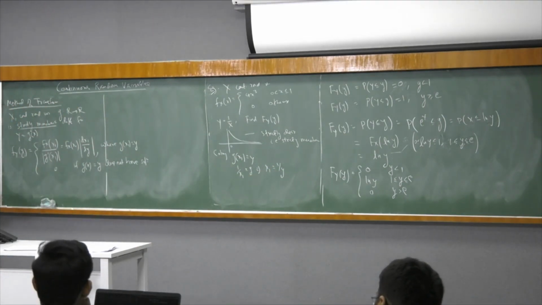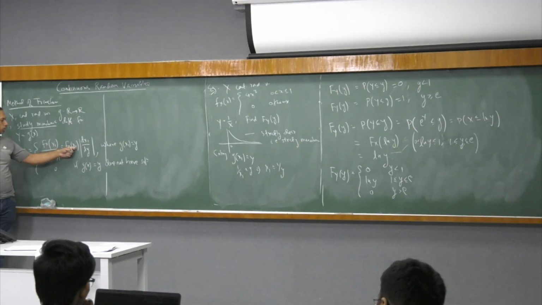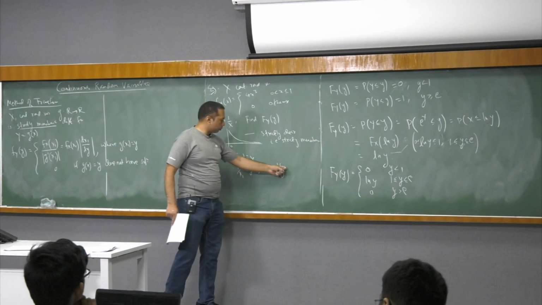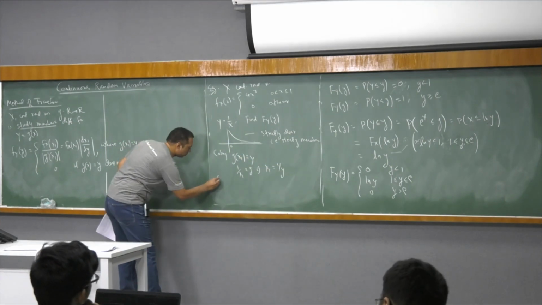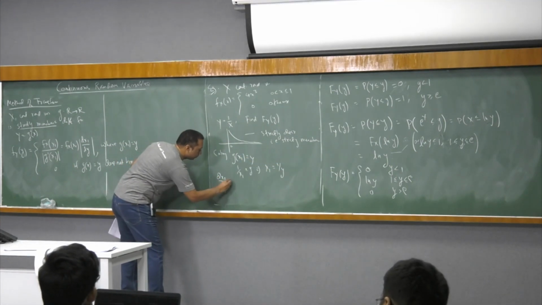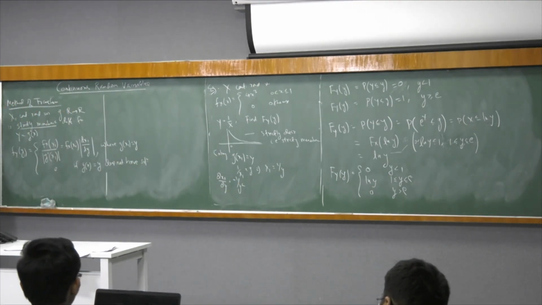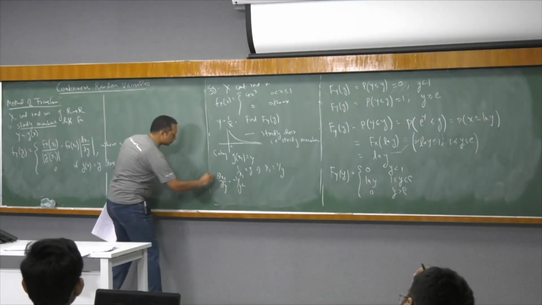So once we have x1, now we just have to substitute in place of x1 in the PDF of x. We substitute x1, which is 1 over y, and we have to take a derivative of x1 with respect to y. If we take the derivative of x1 with respect to y, it is minus 1 by y squared. So dx1 by dy is minus 1 over y squared, and that's one ingredient we know.